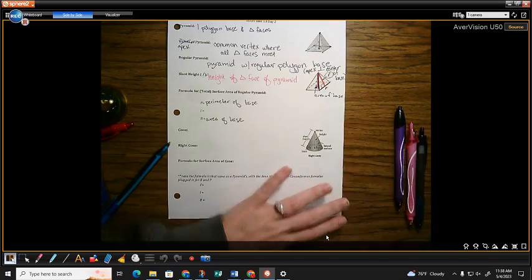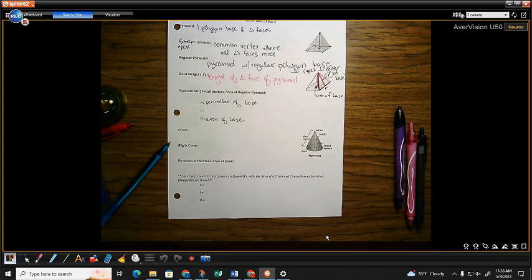It makes a right triangle. Now, is it a special right? We don't know. It could be, so then you might get to use those, or you might get to use trig, or you might get to use the Pythagorean theorem. All this stuff you were afraid of, I told you back in October that you would not escape triangles for the rest of the year. I did not lie, did I?